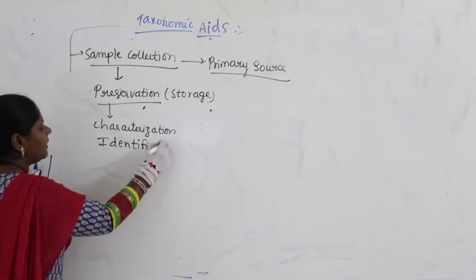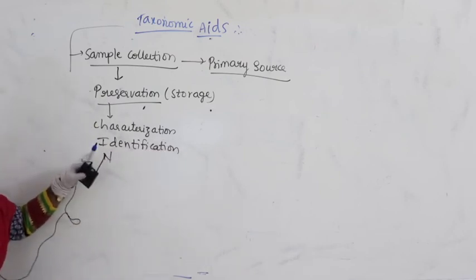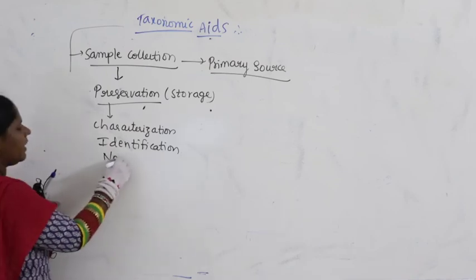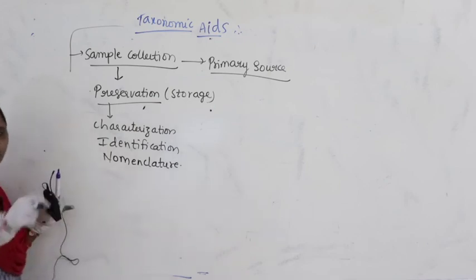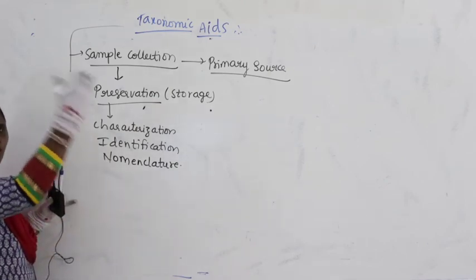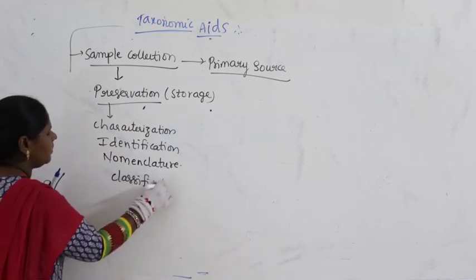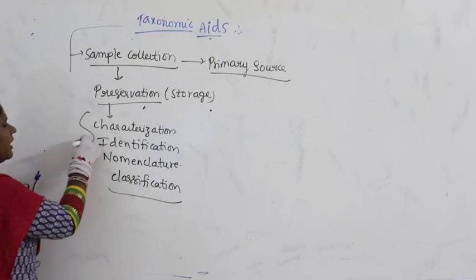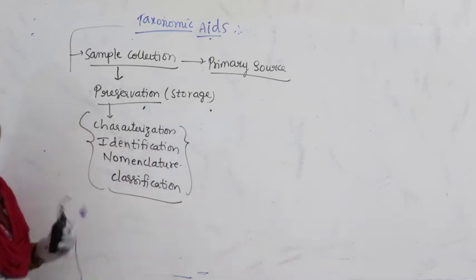Then with those characters, we try to identify the organism. It is called identification. With the characters, if you can identify it, you will come to know the name of the plant, that is nomenclature, and then you will try to put it in a convenient category of species, genus, family, class and order. That comes under what? Classification. So all of these are called what? Taxonomic components.